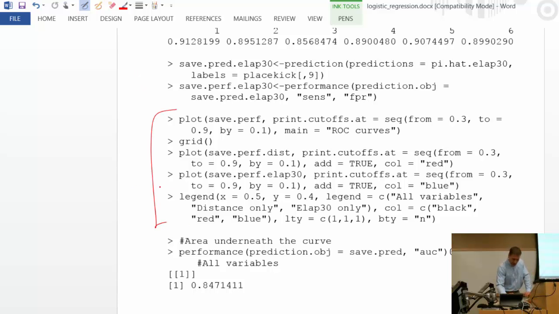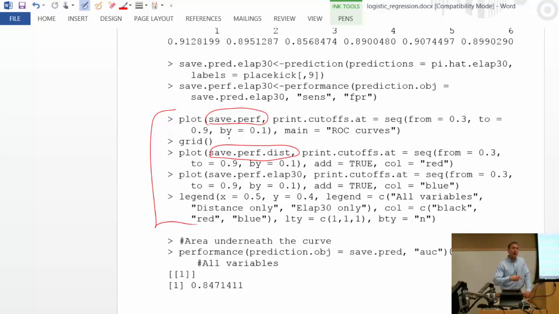So here is the code for the plot that we're going to see shortly. First of all, I'm going to do a plot for my original model that had all the variables in it. On top of that, I'm going to do a plot for the model for distance, an ROC curve.